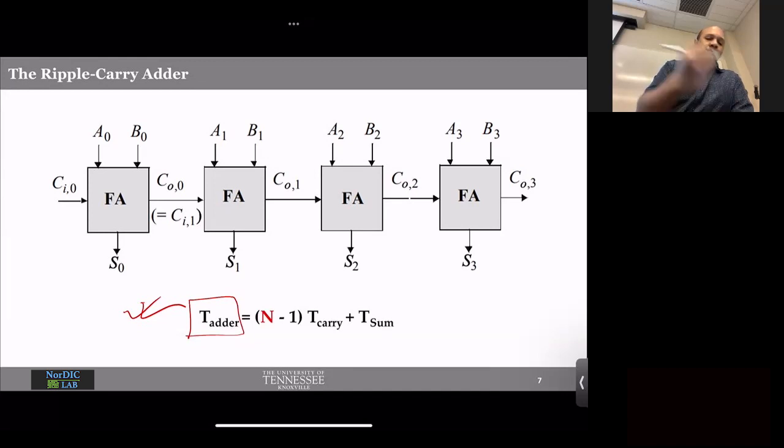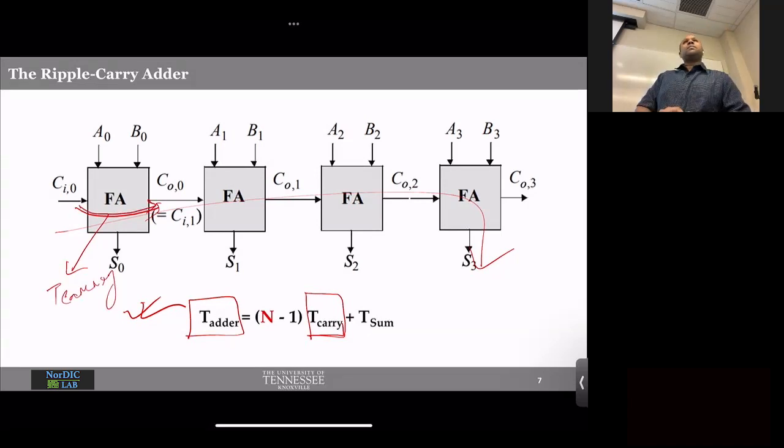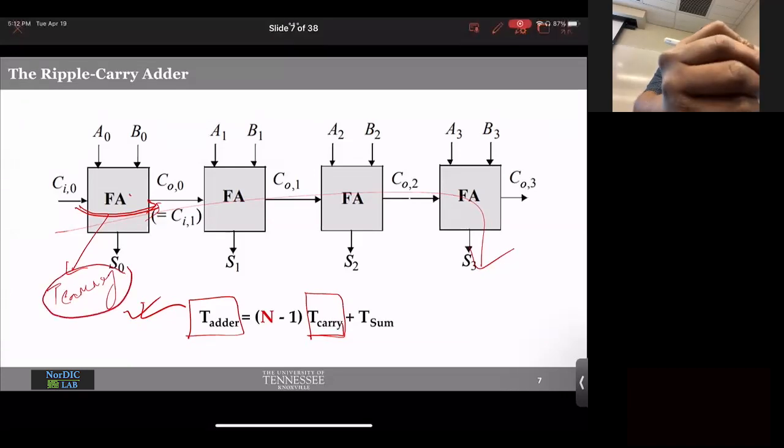Let's try to find the delay that we have to incur to complete this addition operation. This is a 4-bit adder, by the way. Imagine that it takes T carry amount of time to generate the carry in one stage, right? Let's consider that each one of these stages takes a specific amount of time.